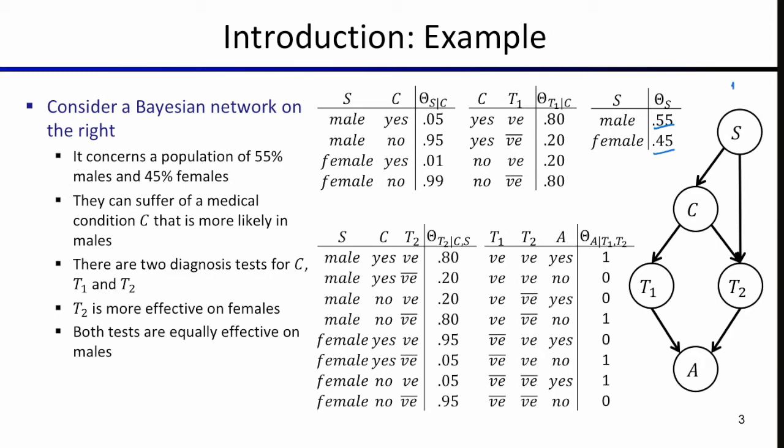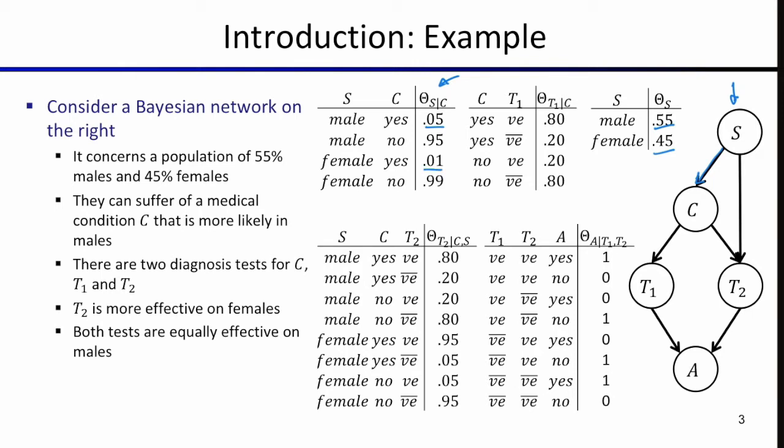That information is here in the variable S. And we have a condition, and this condition depends on the sex, because it is a little bit more likely in males than in females. We can look at this table and see that 5% of the male population has the condition, while just 1% of the female population has the condition.